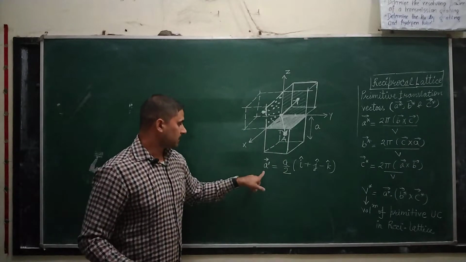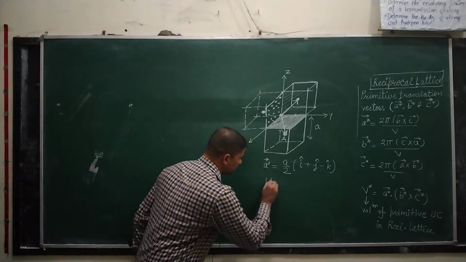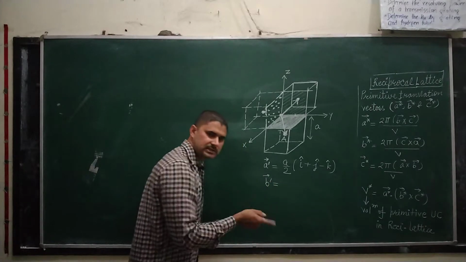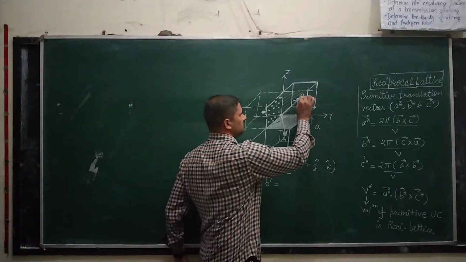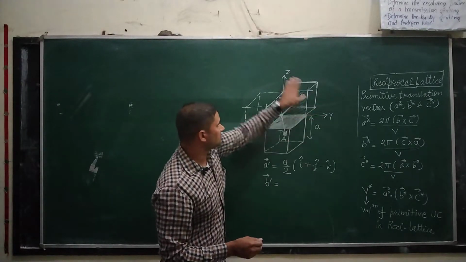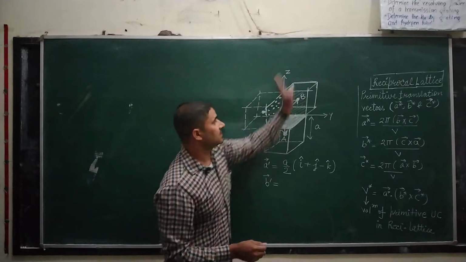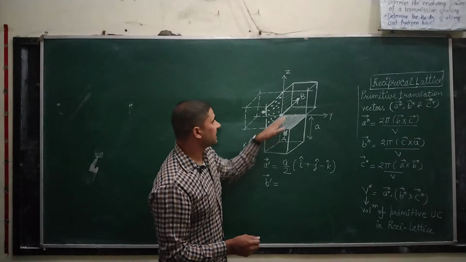So this is the first primitive vector, and then the second primitive vector for body centered cubic will be for this point, let this point be B dash. Now see, this face is in the YZ plane and the cube is behind this face, so you are going in the negative x direction.